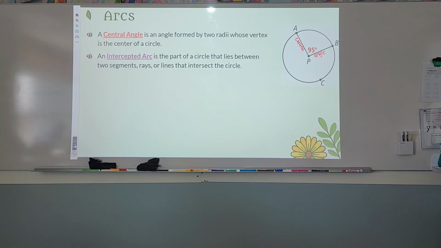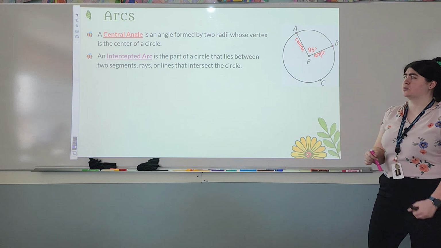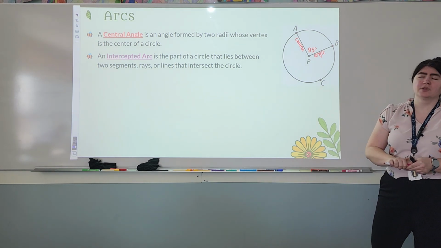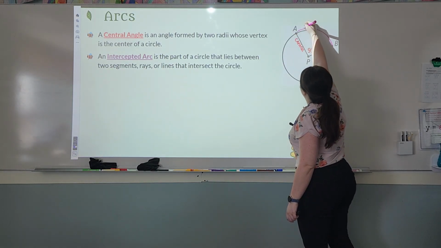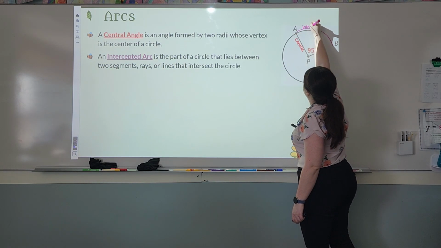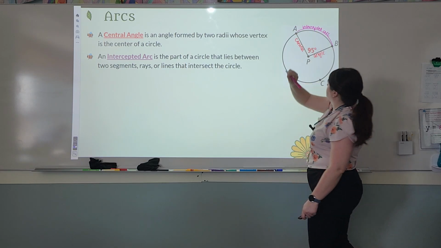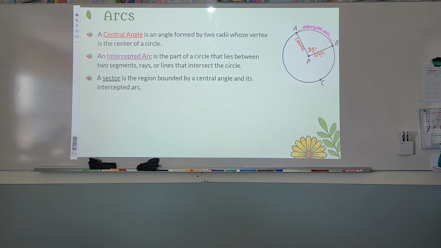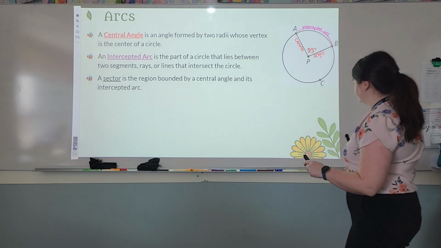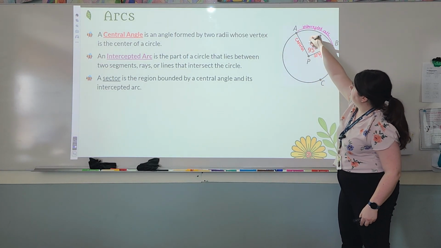An intercepted arc is the part of a circle that lies between the two segments, rays, or lines that intersect a circle. So this distance right here is the intercepted arc. A sector is the region bounded by a central angle and its intercepted arc. So this space right here is our sector.